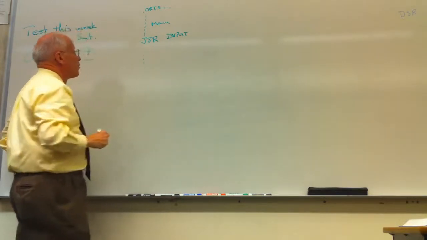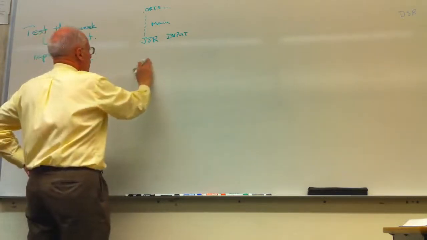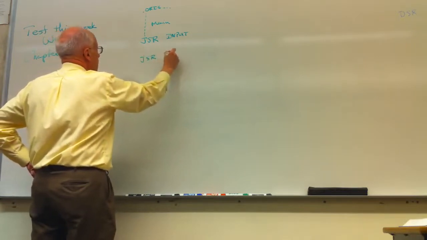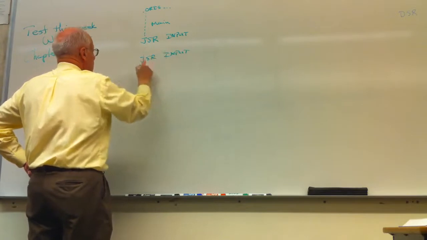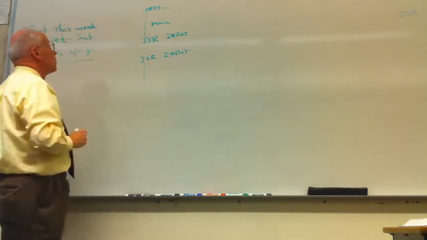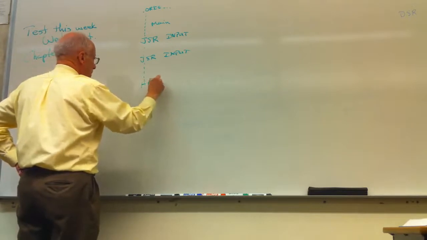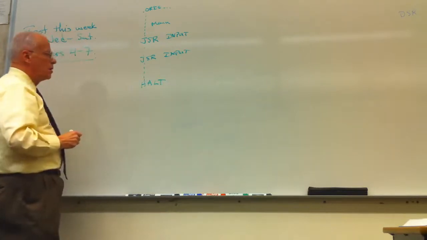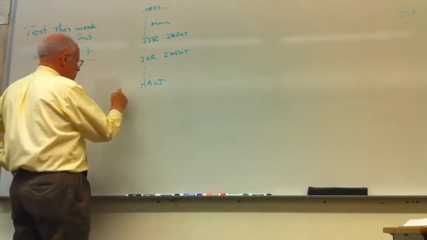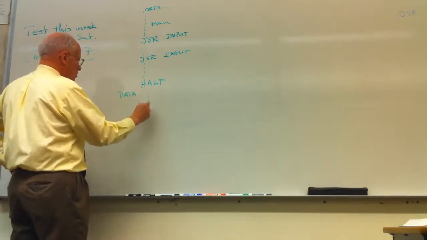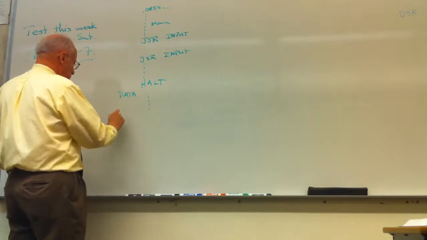And then we go on down through, and maybe we call it again down here. Eventually you'll get to the end of your main program. You may have some data kinds of things in here.